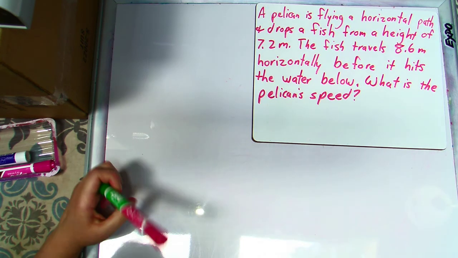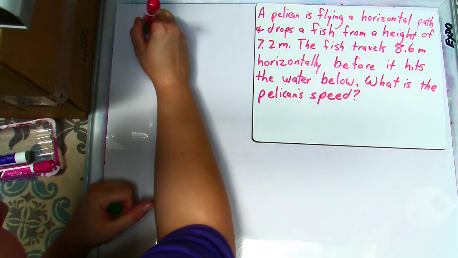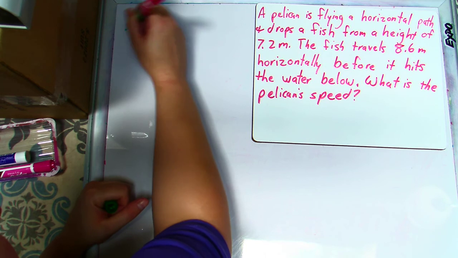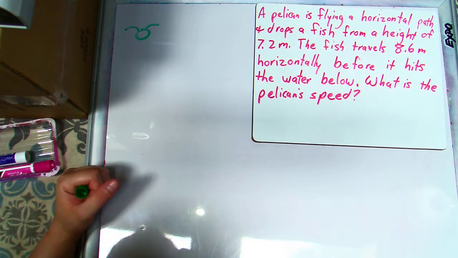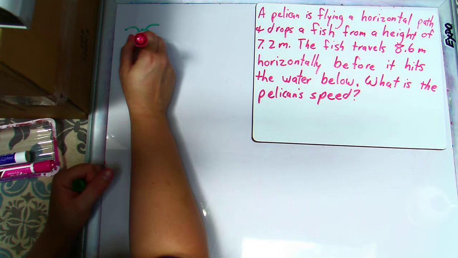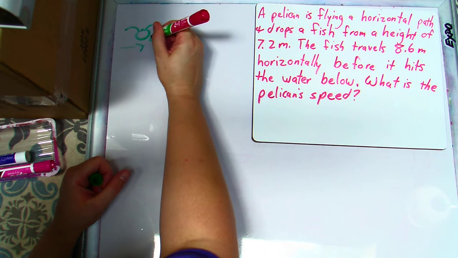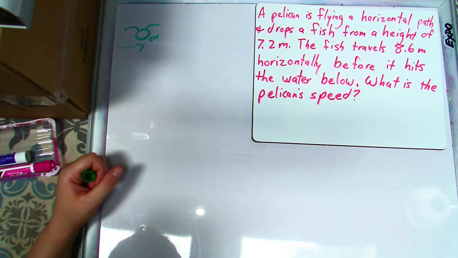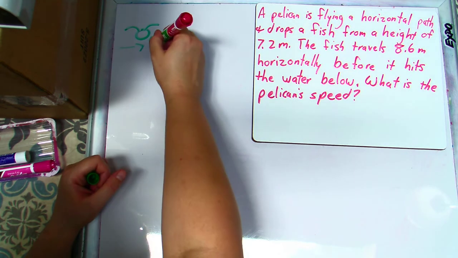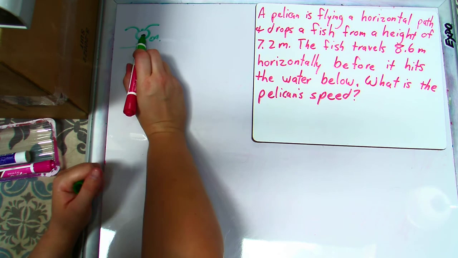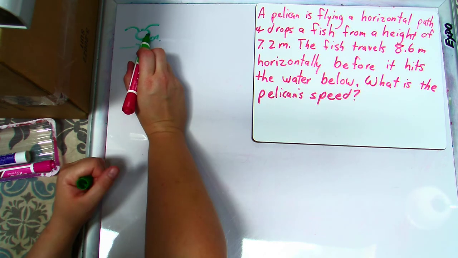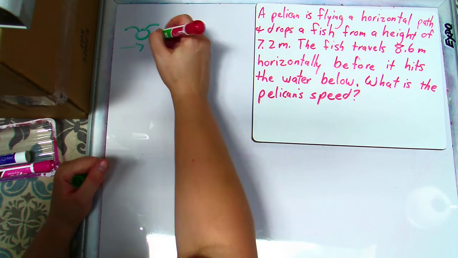So what that would look like, here we have the pelican. It's flying along this way, and he drops a fish. Now the fish still has the initial horizontal velocity the same as the pelican, because the pelican was carrying him.